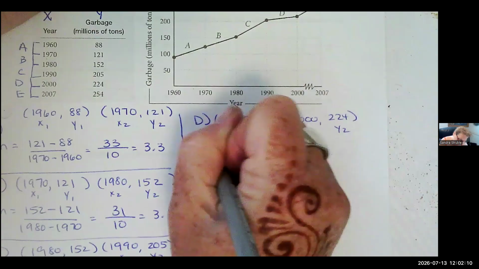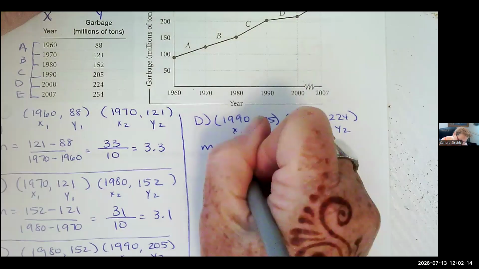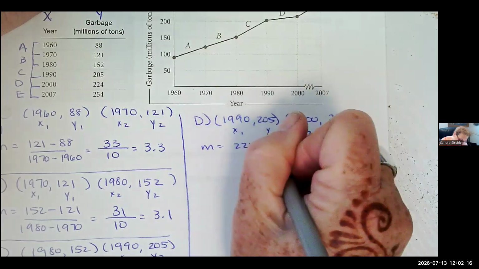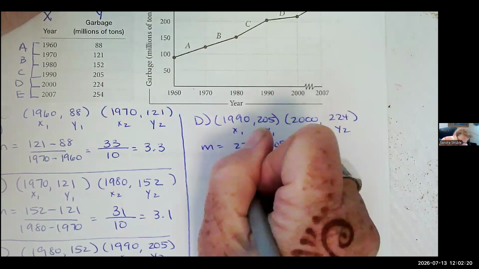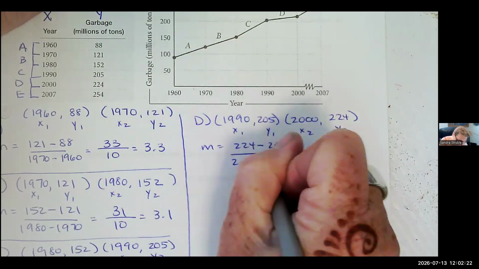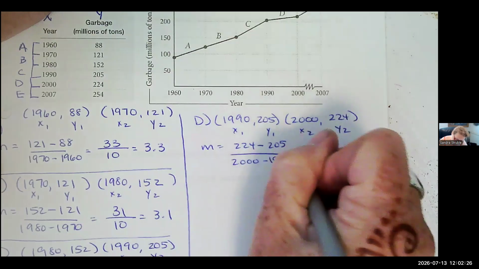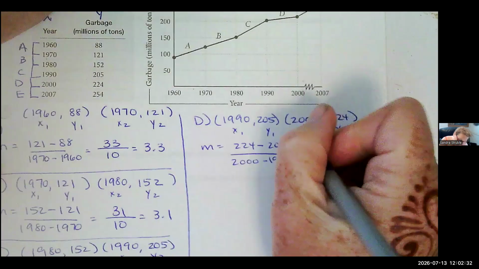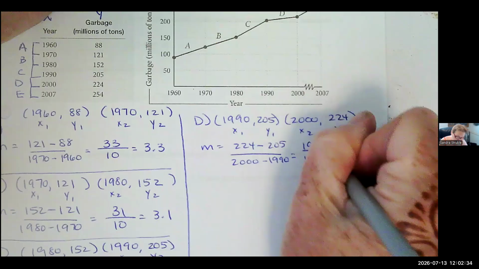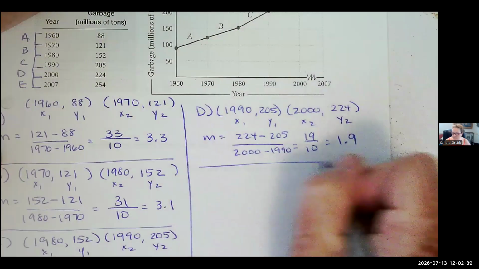Slope is Y sub 2 minus Y sub 1 over X sub 2, which is 2000, minus X sub 1, 1990. Let's subtract: 224 minus 205 is 19 over 10, which is 1.9. Oh, that's a substantial difference.